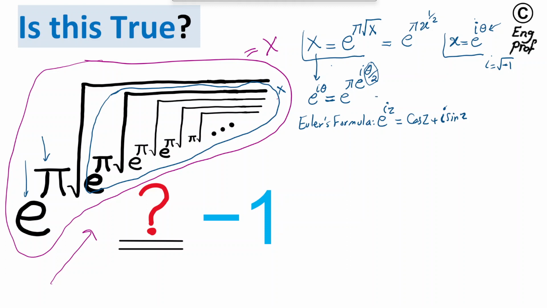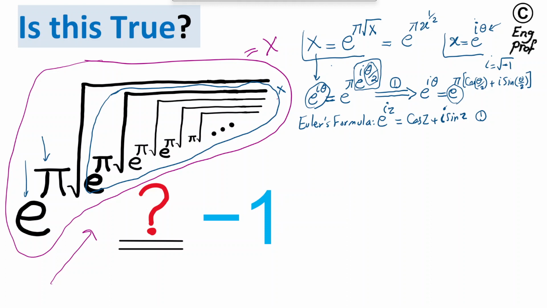So let's refer to this as equation 1. If I apply equation 1, I get e to the i theta, the left-hand side of this equation, is equal to e to the pi, and then I am applying Euler to the exponent, which becomes cosine theta over 2 plus i sine theta over 2 in the exponent of e.